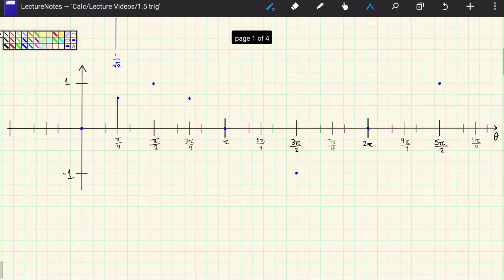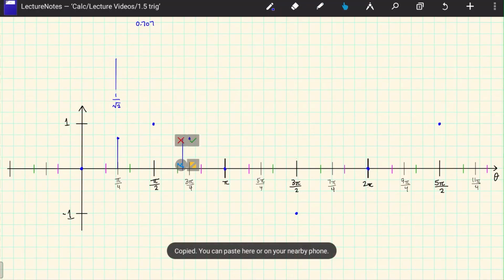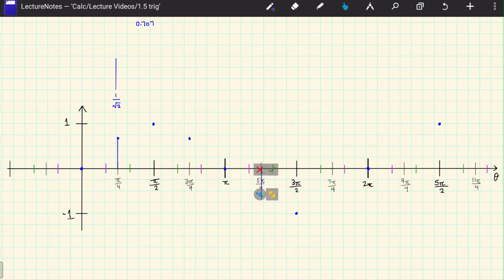So I'm going to take this same length, but in the negative direction at 5 pi over 4. So that's where that point is going to be. And then at 7 pi over 4, it's going to be the same height. And then 9 pi over 4 is coterminal. It ends up in the same ending area as 1 pi over 4, so it's going to be back up here again.